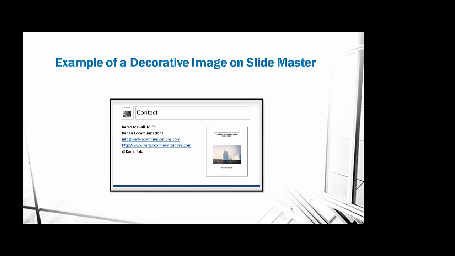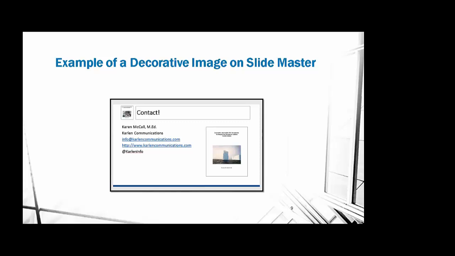It's a cover of one of my books. I don't think that someone using a screen reader needs to hear "cover of blah, blah, blah book." The information that is important on this slide is that this is my contact information. I use the covers of my book, and you'll notice there's another cover up by the word contact. That's also in the background.